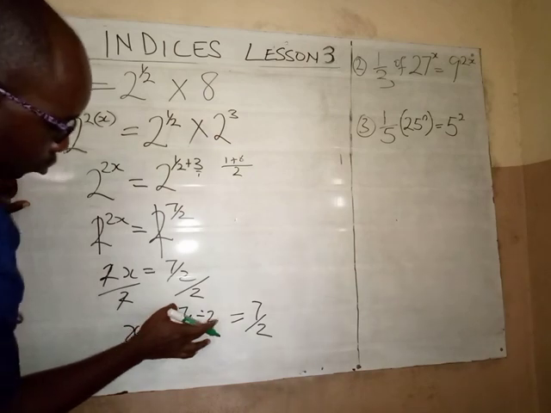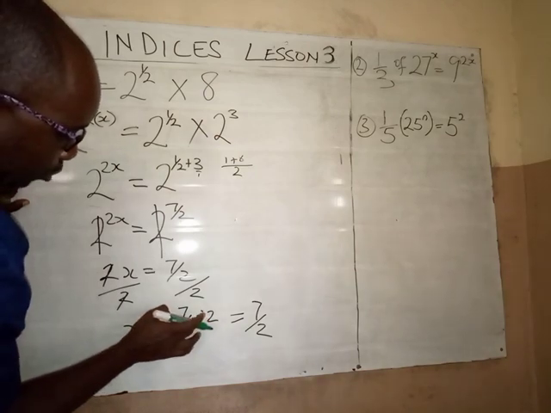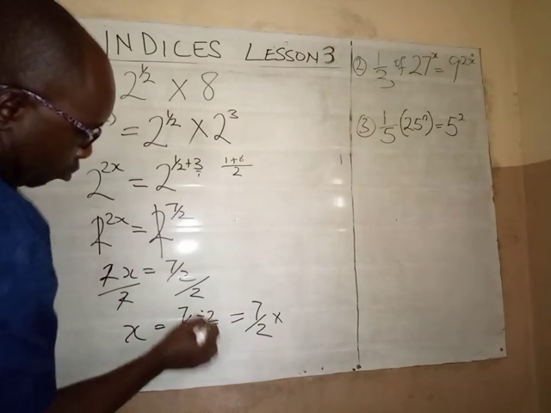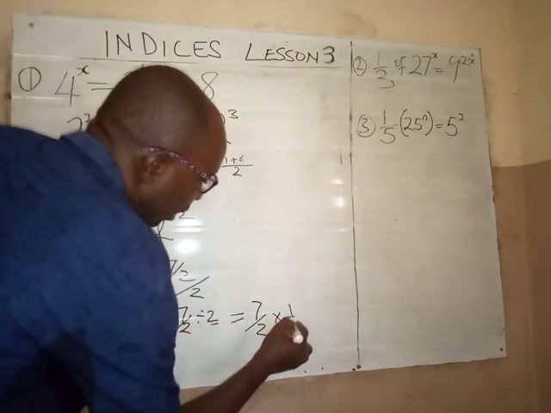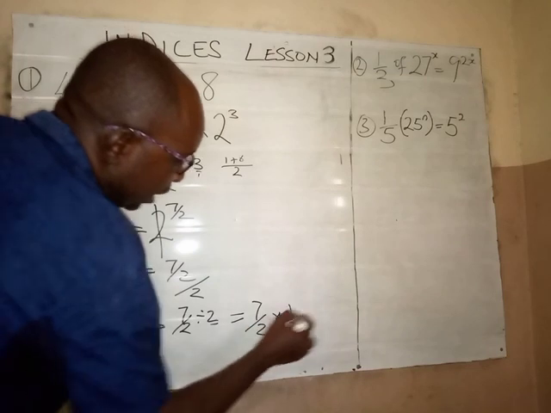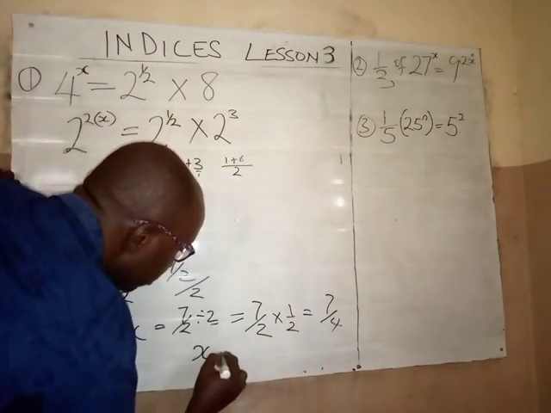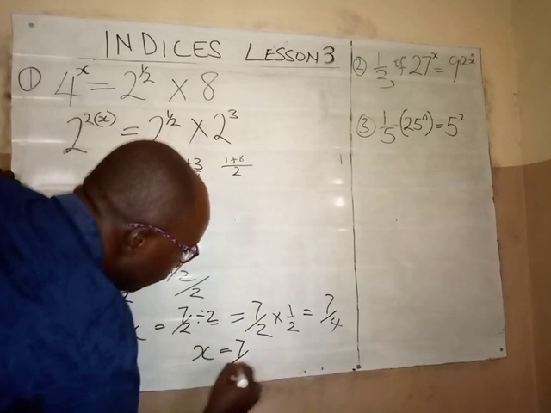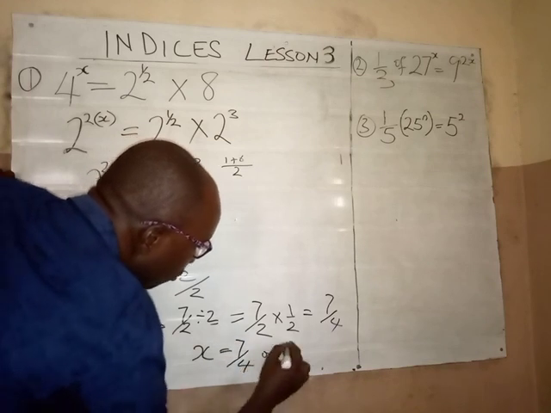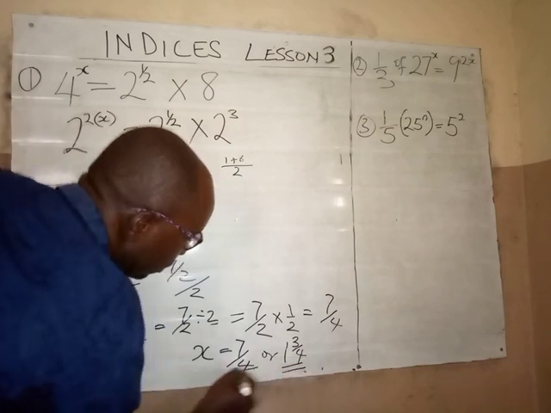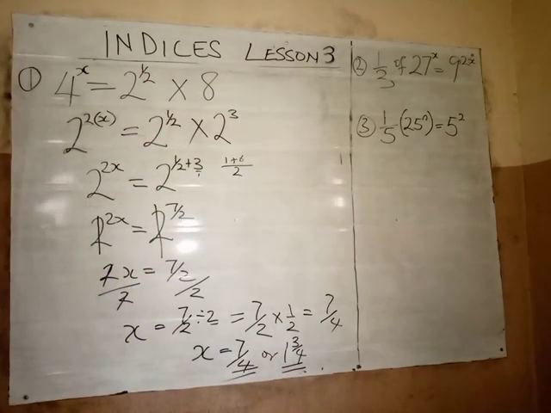You can turn the 2 to its inverse by applying multiplication here. This 2 over 1 will now turn to 1 over 2. So you are left with 7 over 4. So x will be equal to 7 over 4, or 1 whole 3 over 4. So this is the answer for such a problem.